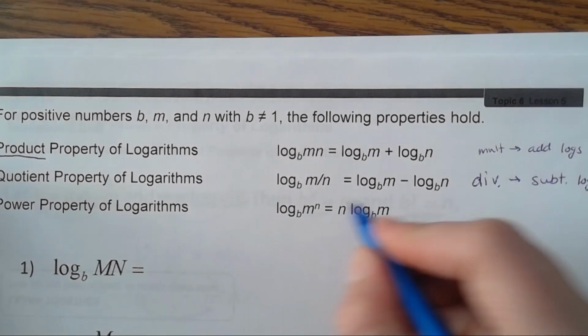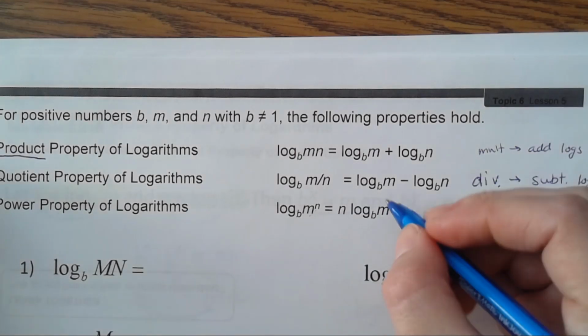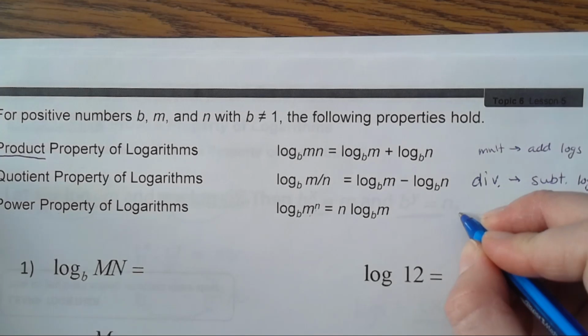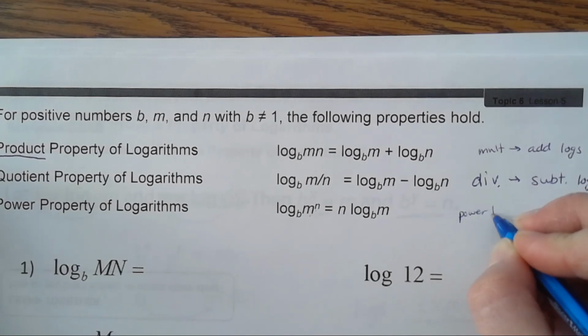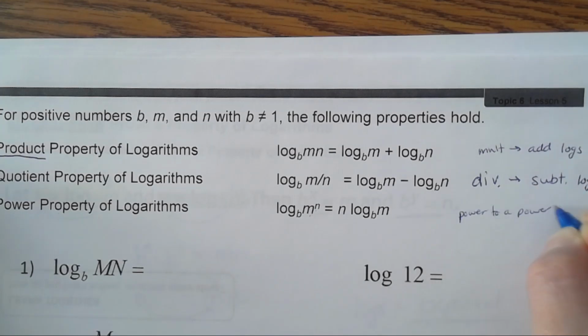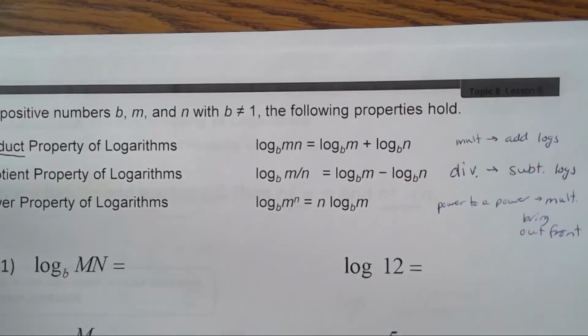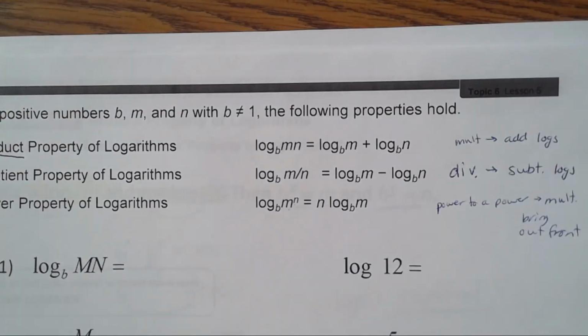And then a power to a power, we would multiply. So I always call this a power to a power. We multiply, which means we're going to bring out front. Okay, so if you need to pause the video to go ahead and finish writing those, please do so.